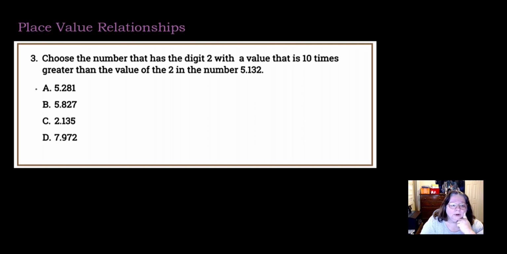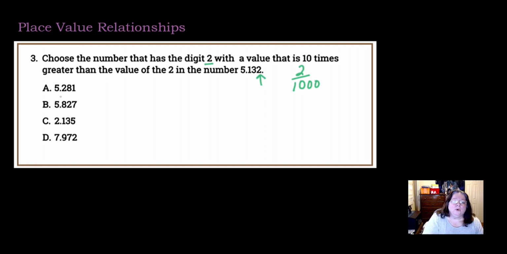Choose the number, okay, A, B, C, or D, that has the digit 2, looks like they've all got a 2 in it, that has a value 10 times greater than the value of the 2 in this number right here. What is the value of the 2 in this number? Here's the 2. What's the value of the 2? Well, here's our ones place, tenths, hundredths, thousandths. The value of the 2 is 2 thousandths. It's in the thousandths place.